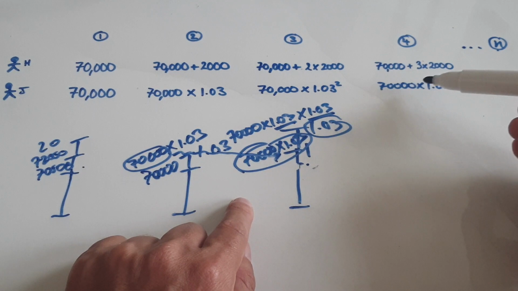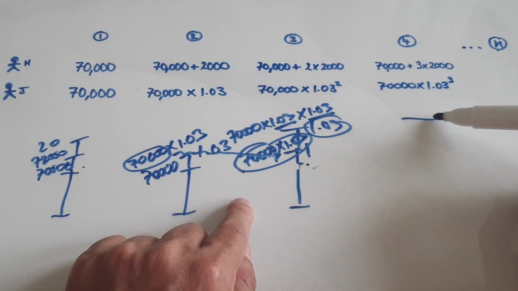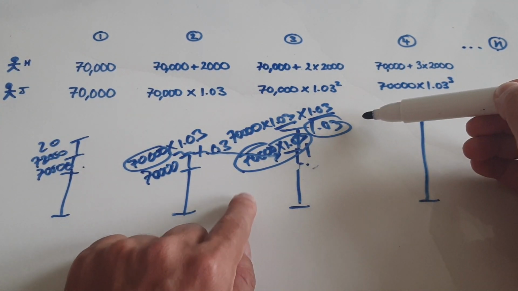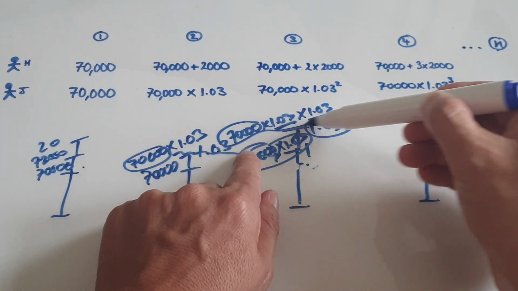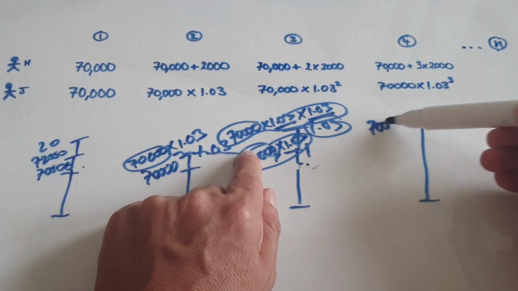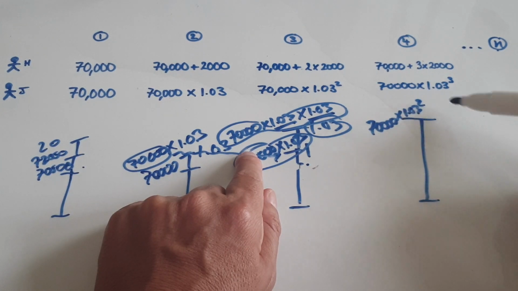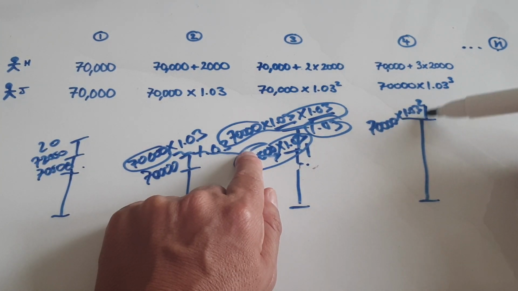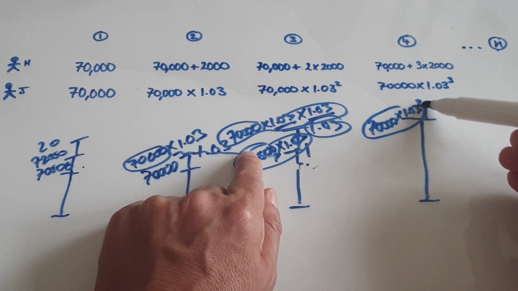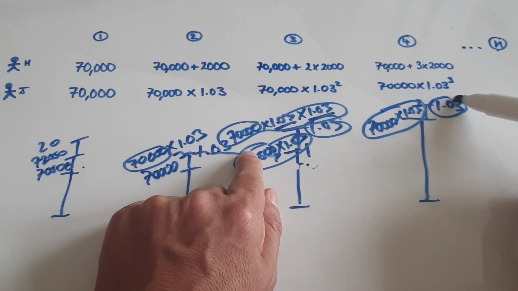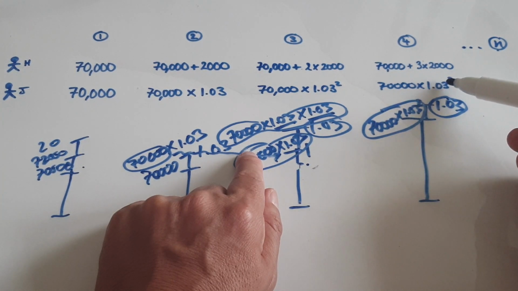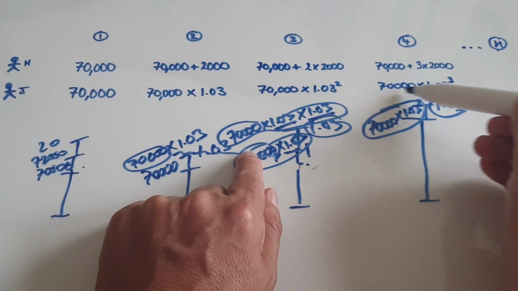So in the fourth year, her salary would be, well, this was her previous salary, 70,000 times 1.03 squared, and then she gets an extra 3%. So she would get the whole thing times this thing here, that would be to the power of 3, times her initial 70,000.